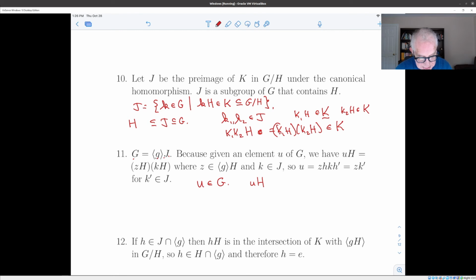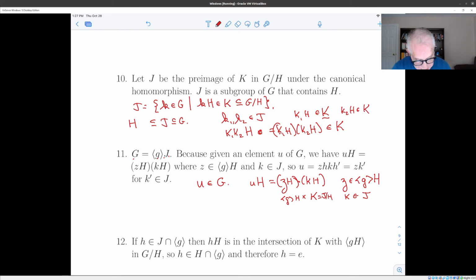Then because in G mod H we have this product decomposition, we know that we can write uH as zH times kH, where z is an element of the cyclic subgroup, the image of the cyclic subgroup, and k is in this subgroup J. This is the decomposition of G mod H as the cyclic subgroup cross K, which you could think of as J mod H.